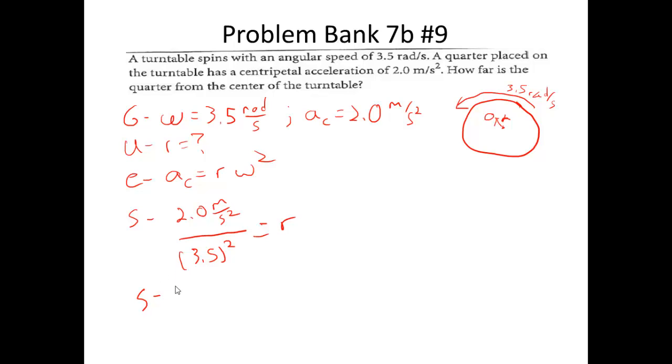And calculating that out, 2 divided by 3.5 squared is equal to 0.16 meters. So our radius is equal to 0.16 meters.